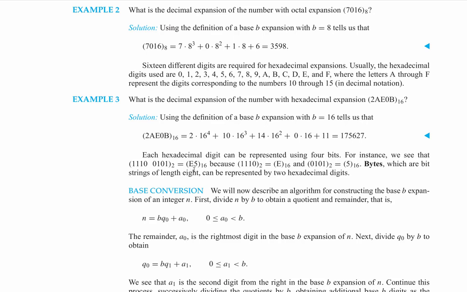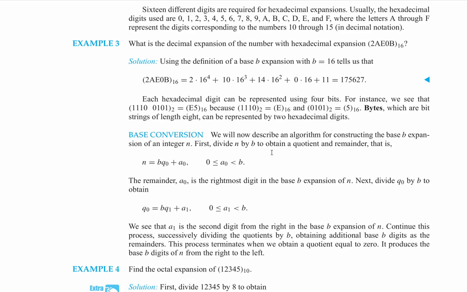So this is convenient. It's kind of awkward dealing with binary numbers. It's much more convenient to use hexadecimal. Certainly more compact. Okay, so that's a quick look at changing bases.